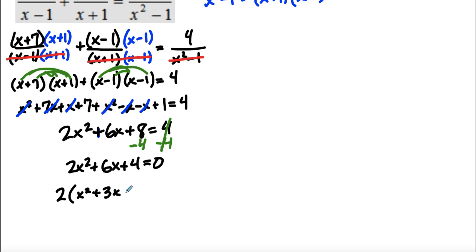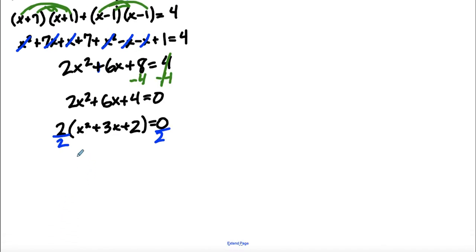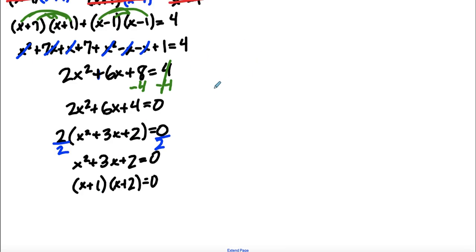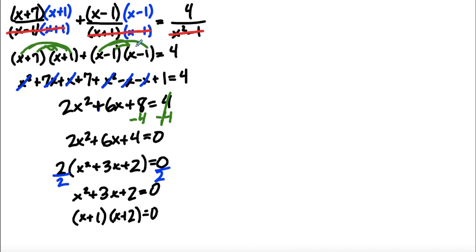This is going to be 3x, and this is going to be 2. Now remember, if you're just solving for 0, you can just divide by 2 again, and now you're just solving this quadratic. Now I'm almost done here, and I'm going to have x plus 1, x plus 2 equals 0.